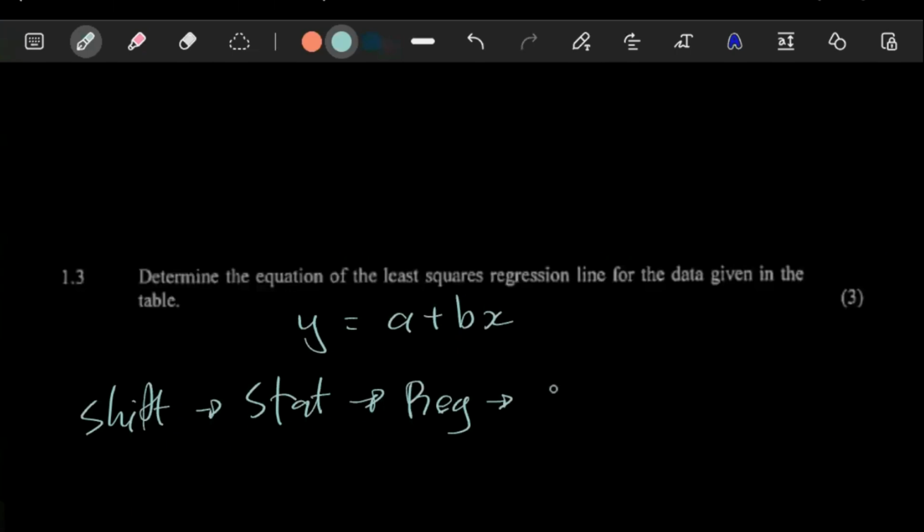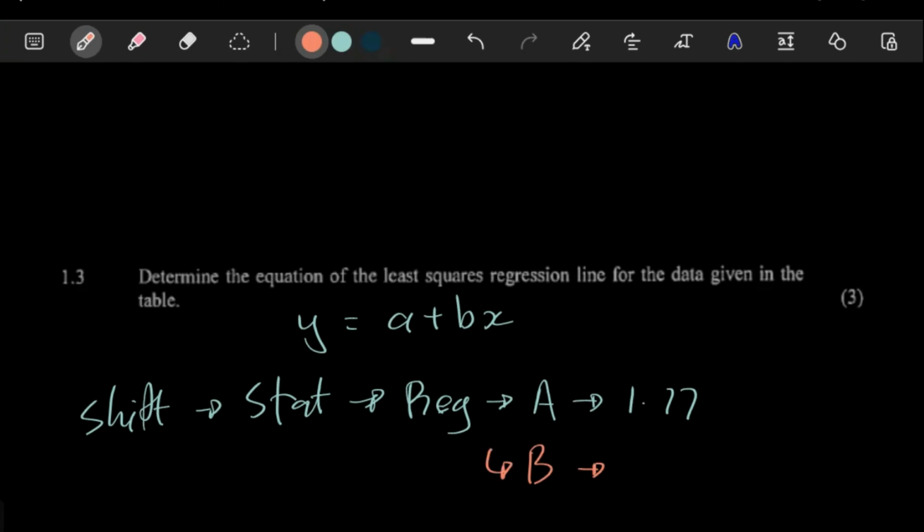You have to get A first, so you're going to click on A first. After clicking on A, you're going to get the answer for A there. The answer for A is like 1.77. You repeat the process, you choose B. Let's see what B is here.